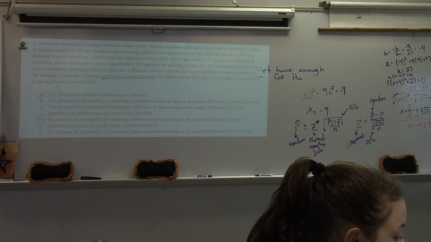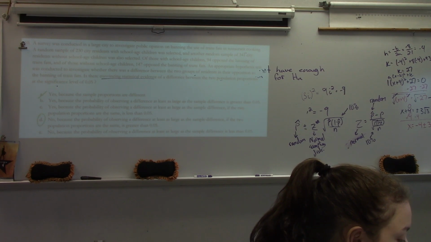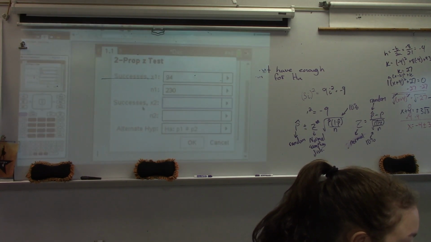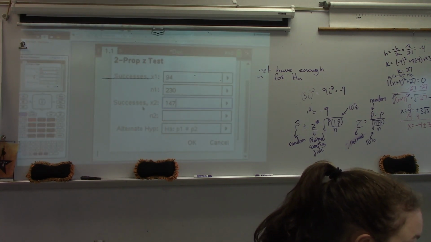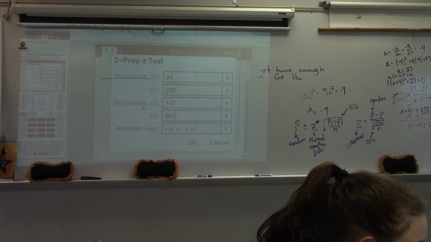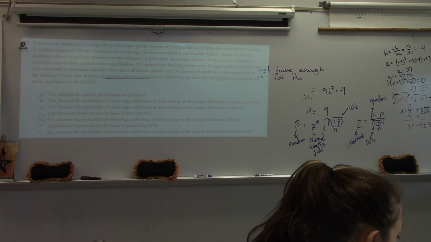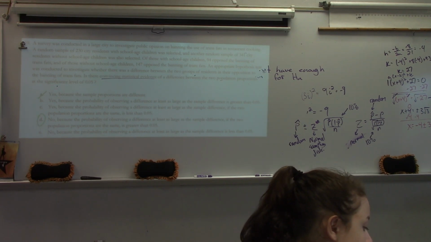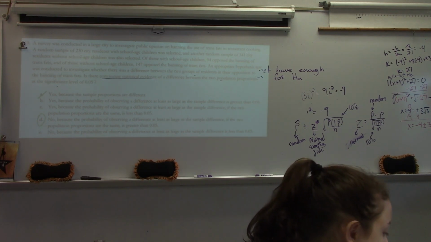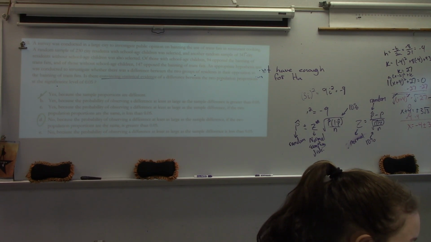For those without school-age children, how many opposed the banning? 147. So 147 out of, was it 341? Yeah, 341. And so what was the alternative? So here it asks for convincing statistical evidence of a difference. So it's not equal. So not equal to.